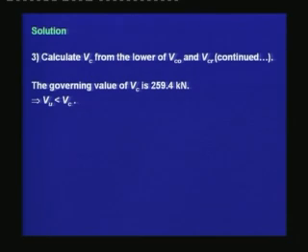Thus, near the support, the capacity of concrete is governed by the web shear cracking, and that is given as 259 kilonewtons. What we observe is that for this particular section, the demand, which is Vu, given as 233 kilonewtons, is in fact less than Vc.